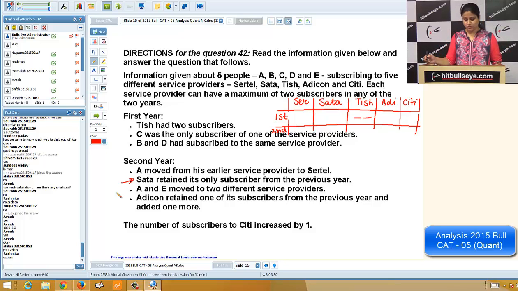SATA retained its only subscriber from the previous year. If we club both these pieces of information, C was the only subscriber of one service provider and SATA retained its only subscriber from the previous year. It means we will put C for SATA in the first year and the second year. Is it okay, Rashmita and Shefali?